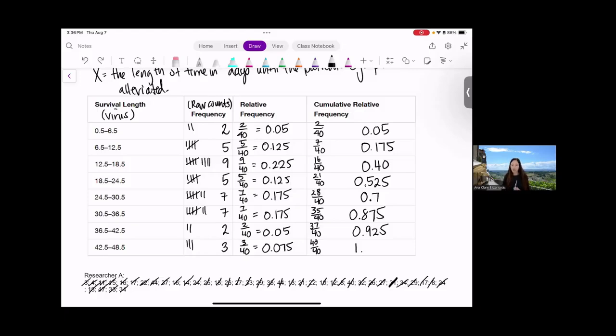I can graph with this information. I can create a relative frequency graph, and I can also create a cumulative relative frequency graph using the decimals or the fractions or the frequency. If I was to create a frequency chart, on the left-hand side axis I would have the numbers 1 to 10. If I was doing a relative frequency chart, I would be using the decimal equivalents going from 0 to about 0.25.